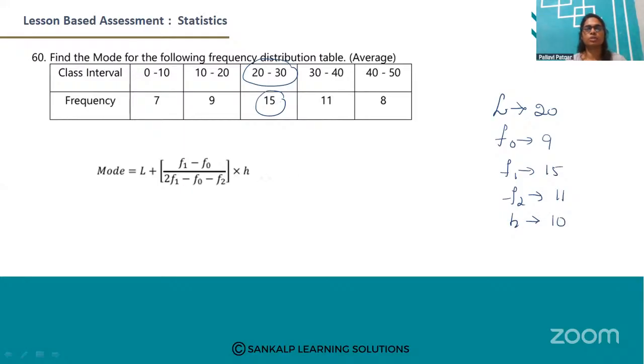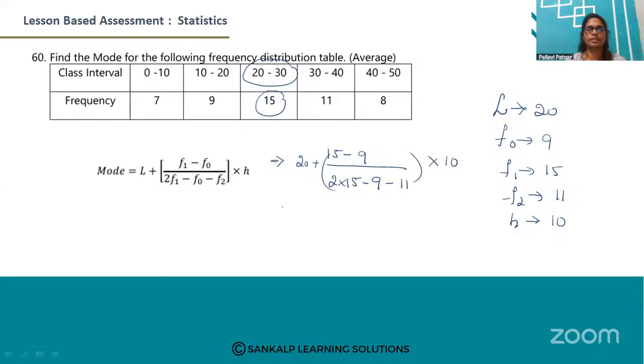So substitute the values into the formula. This becomes 20 plus (15 minus 9) divided by (2 into 15 minus 9 minus F2, which is 11) into H.